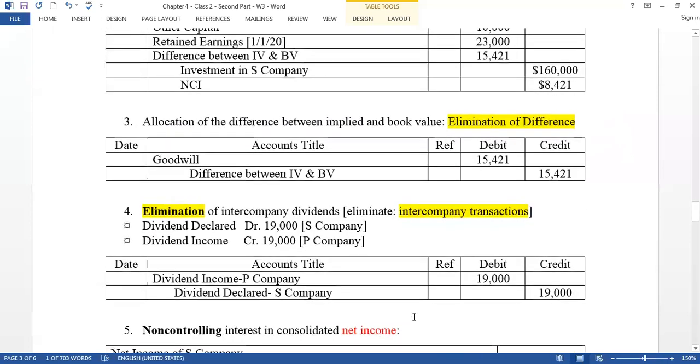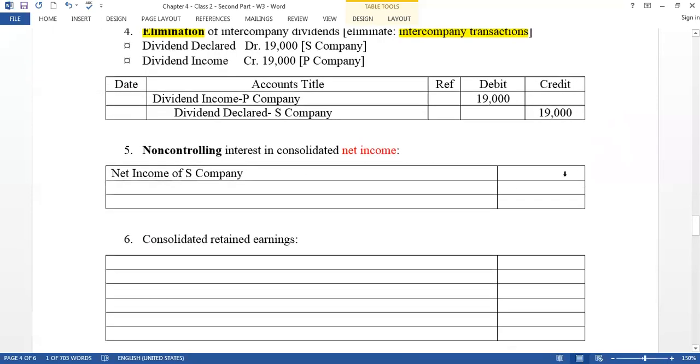You can see here, the net income of the subsidiary company is $26,000, and the NCI percentage of net income is 5%. Why 5%? Because 95% goes to the parent company.